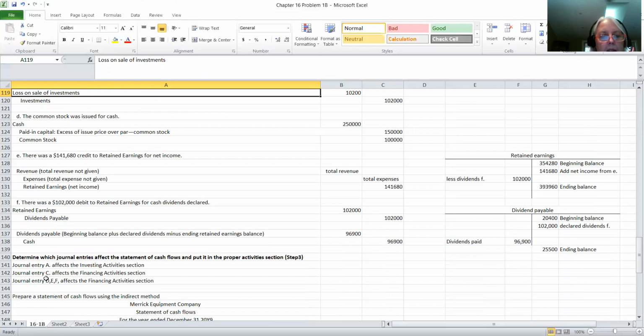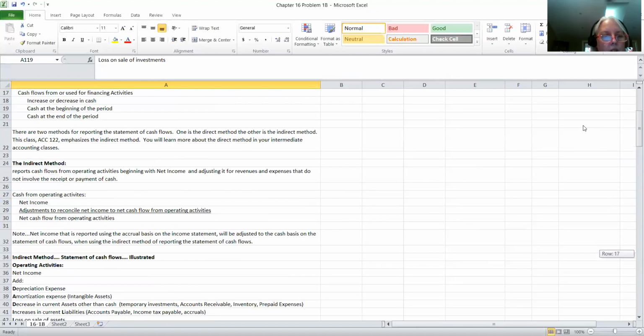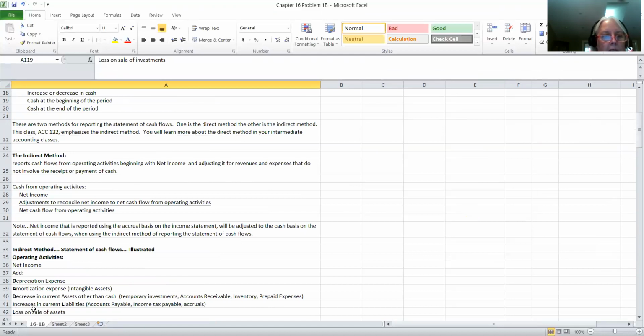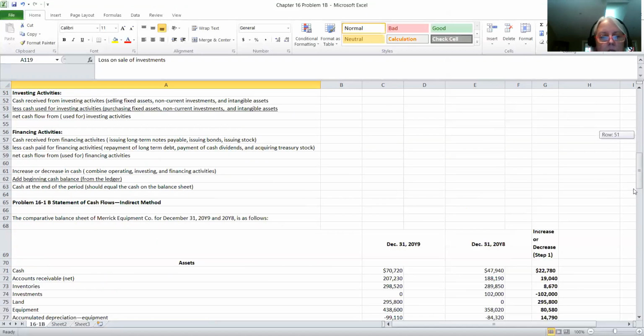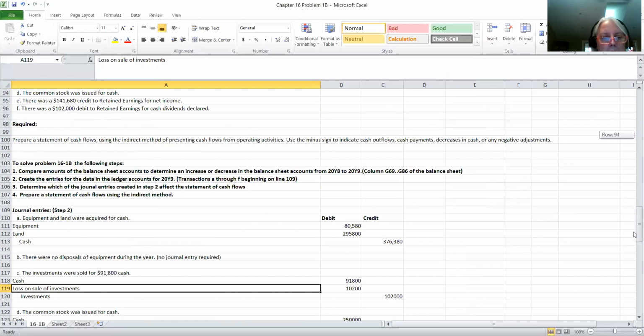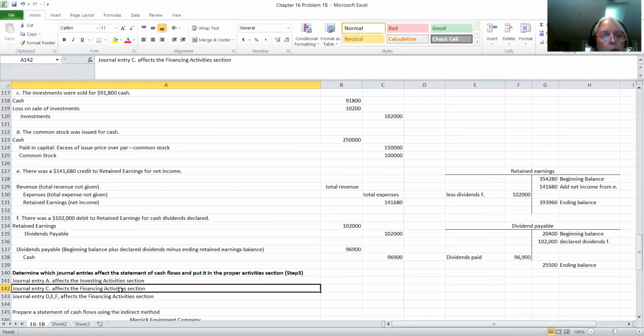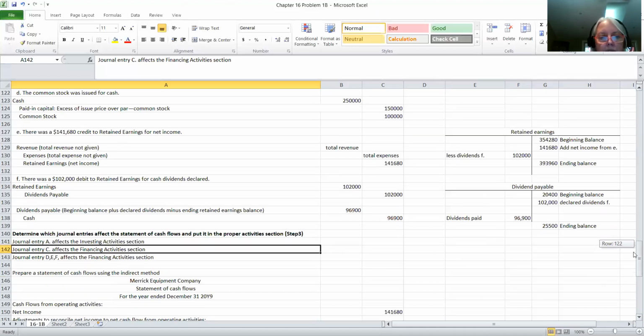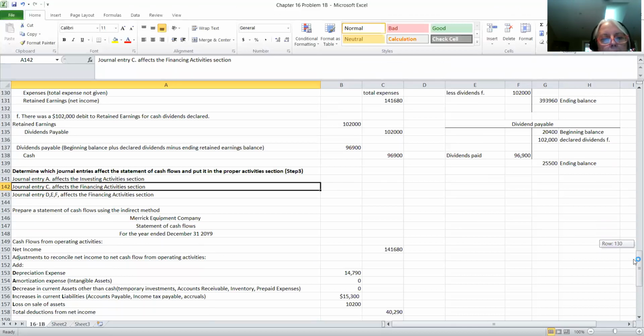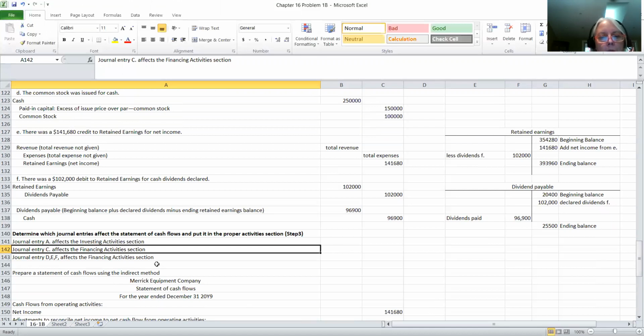So journal entry C affects the investing activity section, but because there was a loss on the sale of investments, it also affects the operating activity section. So it affects both sections.